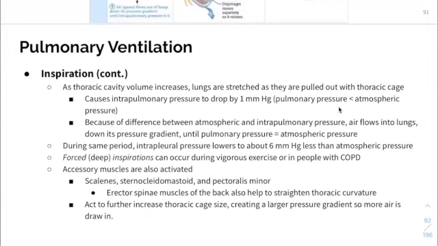So that intrapulmonary pressure, the pressure inside the lungs, is going to drop. It's going to be less than that atmospheric pressure. So we start at atmospheric pressure before we inhale.